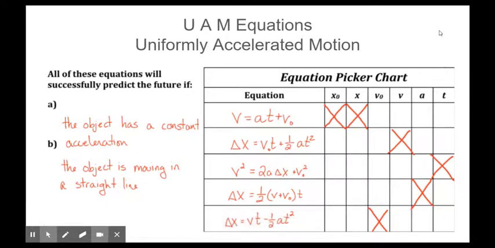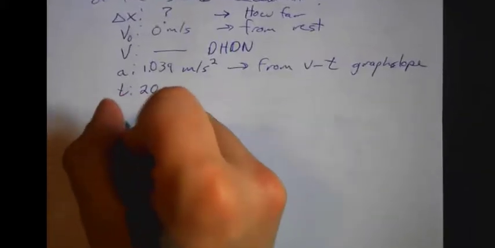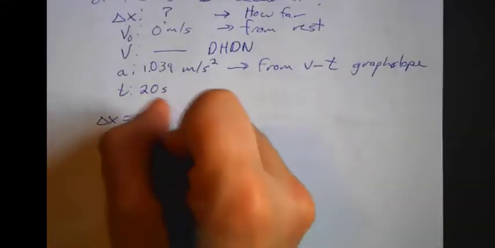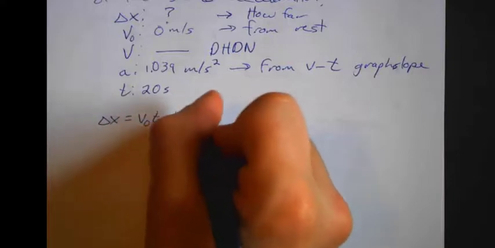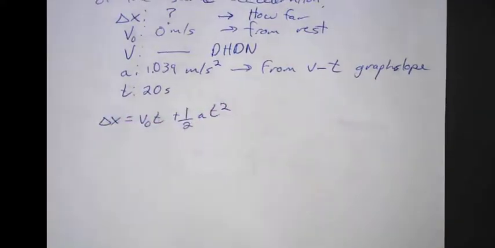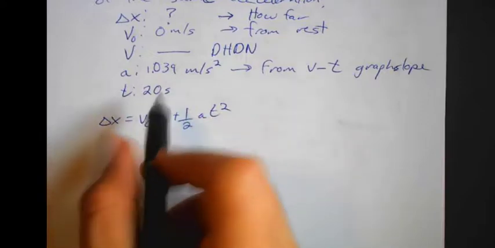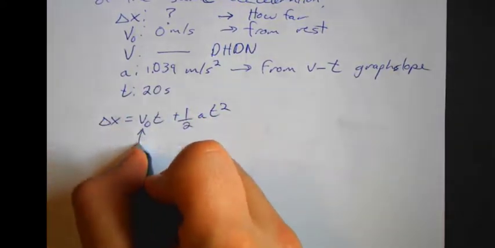We don't have and don't need our final velocity, so we're going to use that second equation of delta x equals v naught t plus 1/2 at squared. We are going to plug in the things that we know that are our givens.